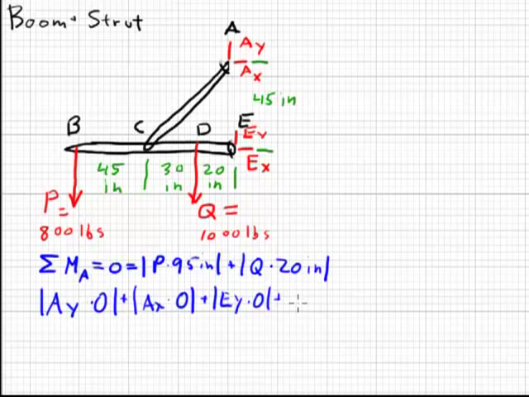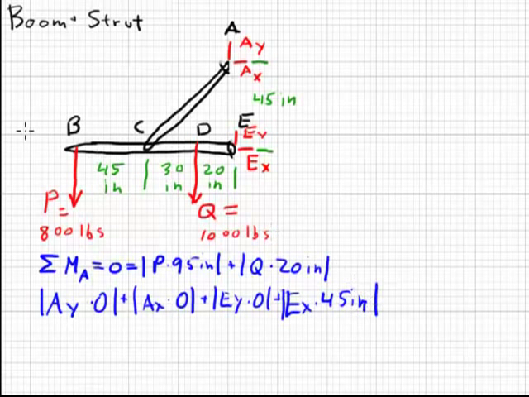And finally, EX times, what's the distance here? The vertical distance of that horizontal force, EX to AX, is this 45-inch distance. So we take EX times 45 inches.